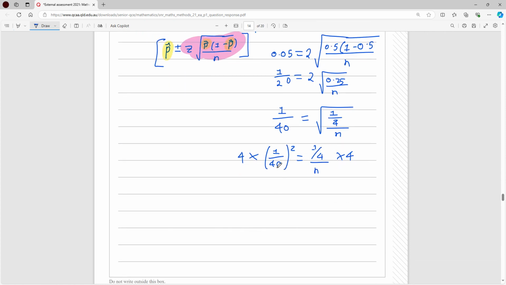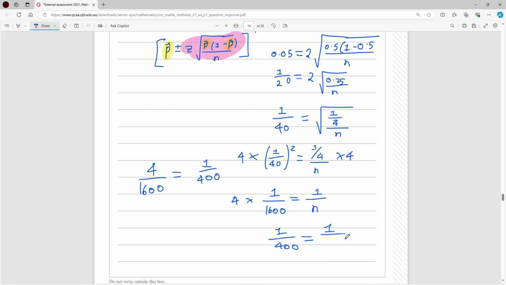Now 40 times 40 is 1600, so we have 1 over 1600 times by 4 is equal to 1 over n. Now 4 over 1600 is the same as just 1 over 400. So here this can just get replaced with 1 over 400.